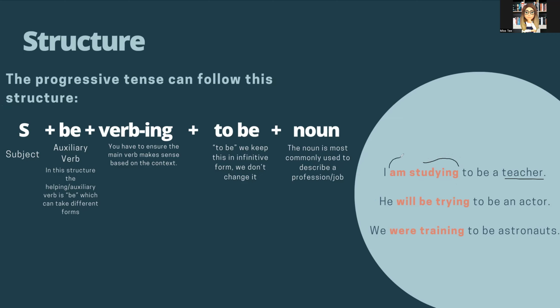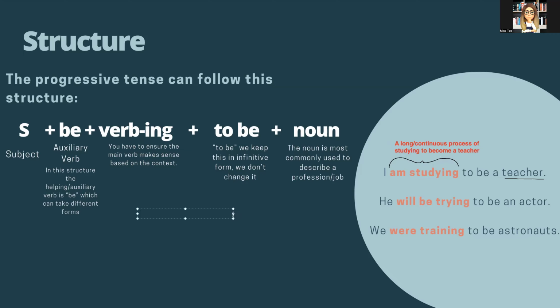This is a tense and a structure that's used to tell us that it is a long and continuous process to become a teacher. So that's what we are saying here. And so over here, I have a note that says you have to ensure the main verb makes sense based on the context. So studying to be a teacher, that makes sense because you have to go to university and study if you want to be a teacher.